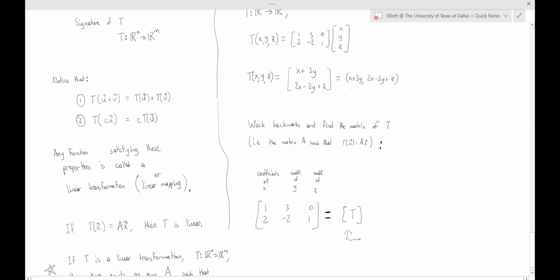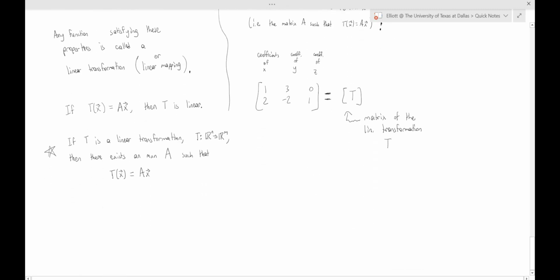So this notation is saying it's the matrix of the linear transformation T. All right.